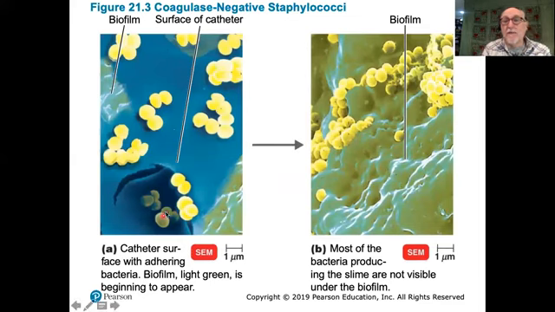So here's a scanning electron micrograph of catheters. This is one which is relatively new, and you can see the surface of the catheter. But just lurking here in the corner, and shown more prominently here, this is what the biofilm looks like.